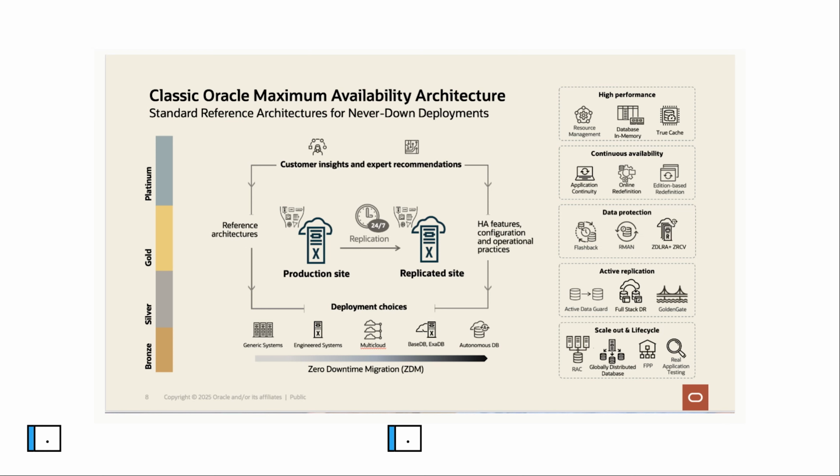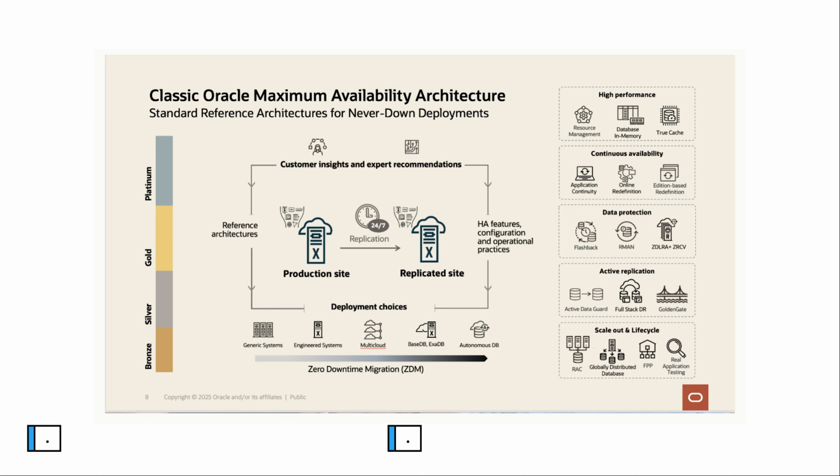That's key for every customer. We also understand that we cannot create one solution that fits everybody. So for that, we create different levels of protection depending on your requirements of RTO and RPO. We created 4 different levels: bronze, silver, gold, and platinum. And the good thing about the MAA framework is that it's applied to any kind of implementation.